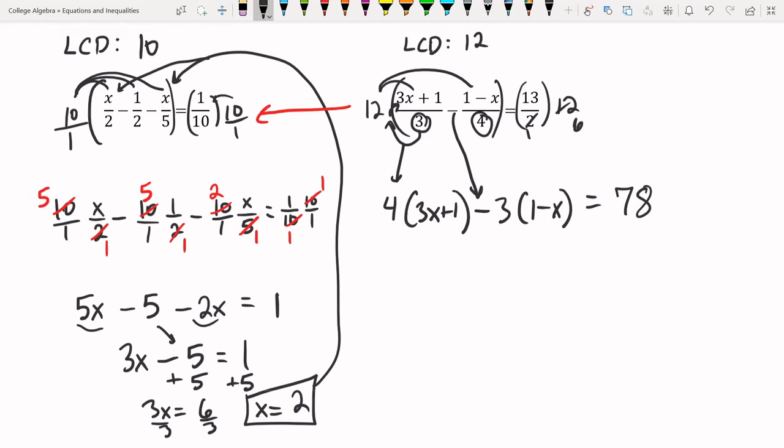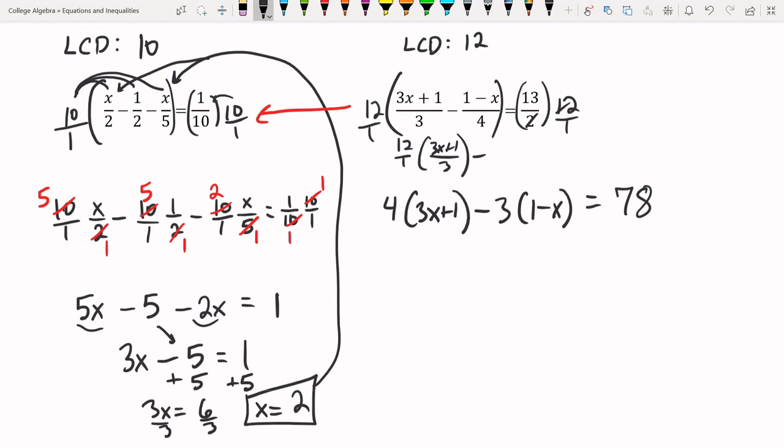Now, if this faster method that I did here is confusing, just go back and multiply everything by 12. One minus x over 4. 12 over 1 here.